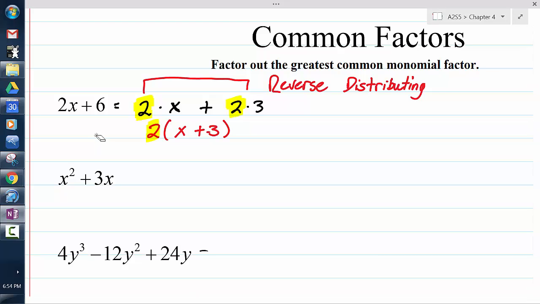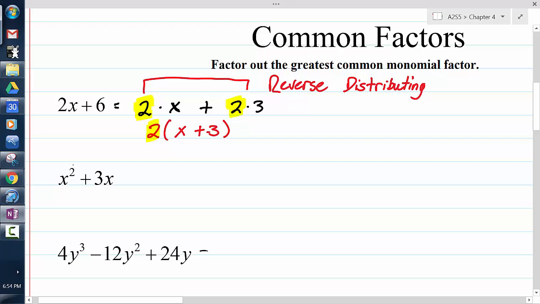I'll do it with this one now. Let's call this number 2 and this number 1. With x squared plus 3x, if I broke that down, one part is x times x plus 3 times x. Now notice what they have in common. They both have an x in common.